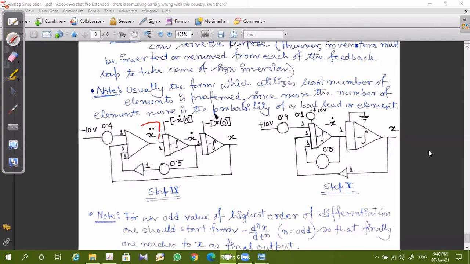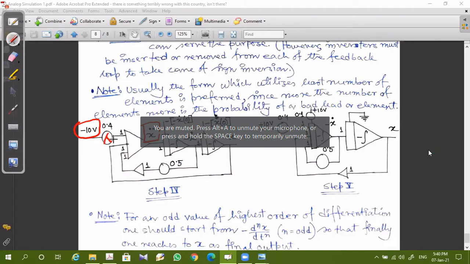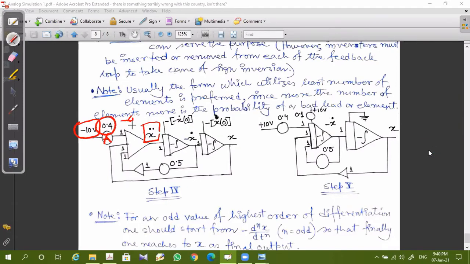To obtain this x double dot, we have a minus 10 volt source with a 0.4 port setting. So what will be this value? Minus 4 volt, that is the constant part taken care of. Assuming that this is x double dot, and we have put an integrator over here, so this will be minus x dot, right?